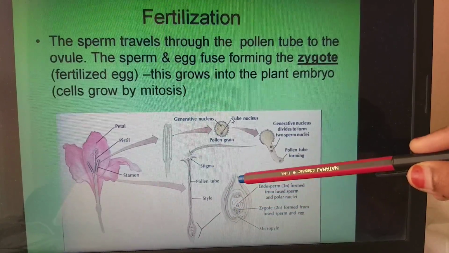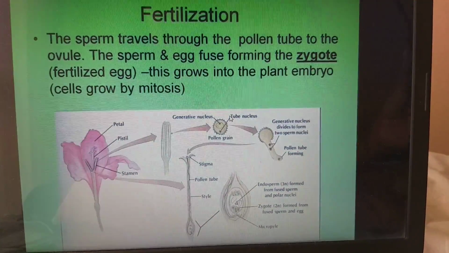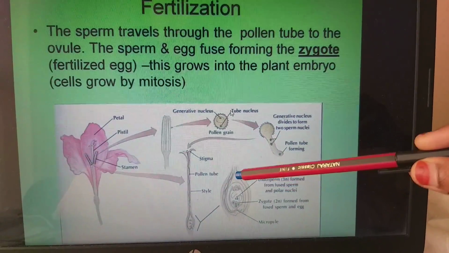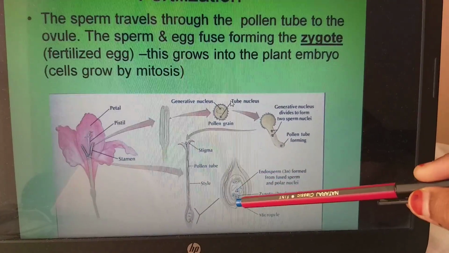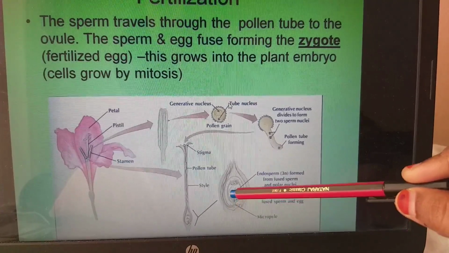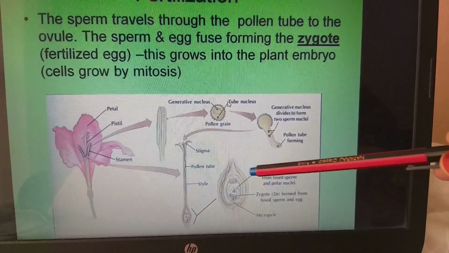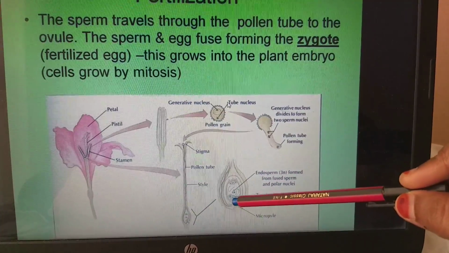Inside the embryonic sac we have the 7-celled and 8-nucleated stage. What does the 7-celled and 8-nucleated stage mean? In the lower part, on either side, we have the lower 3 cells. Of these 3 cells, the 2 on either side are called synergids. In the center we have the egg cell.